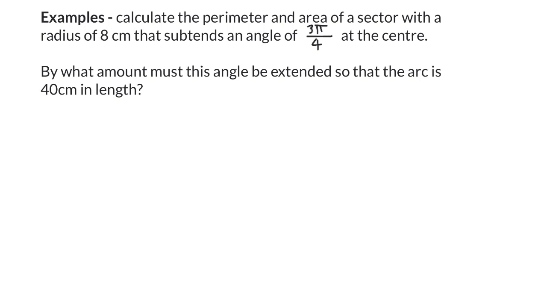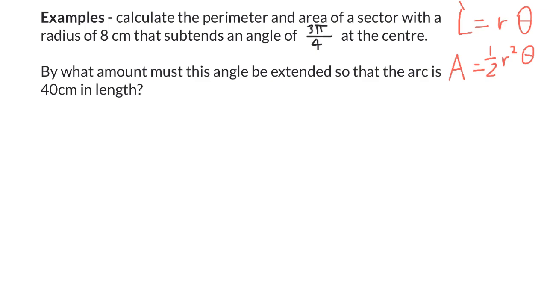Having a look here at an example, we're calculating the perimeter of a sector and then finding its area as well. We know the radius is 8 centimeters and it subtends an angle of 3 pi over 4 at the center. So we're going to use our two really basic formulas. L equals r theta and A equals half r squared theta, or r squared theta over 2, means the exact same thing.